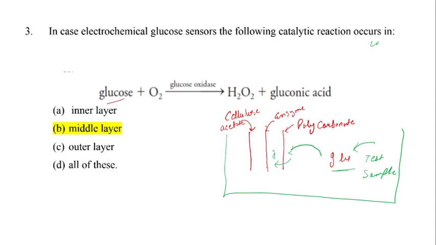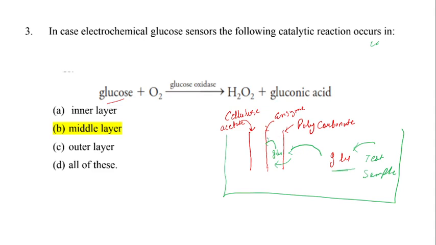And it will come in contact with the enzyme. This enzyme is a little bit of a jelly form or solid form, so it is immobilized, meaning it will not mobilize. Otherwise, if it is liquid, then it will pass through, and your sensor will not work properly.